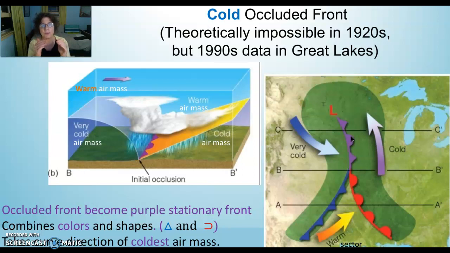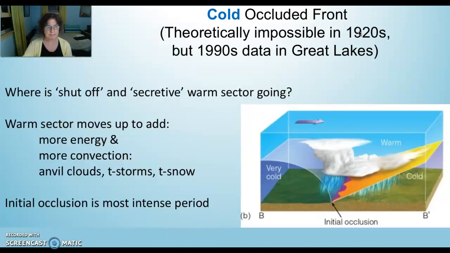So it serves two purposes in the meaning of the occult, the occluded front, and also the blue and red mixed together to make purple. I will tell you that this was theoretically impossible in the 1920s, but guess what? In the 1990s, data started to come in from the upper levels that showed that in the Great Lakes, this does happen. Cold occluded fronts do happen.